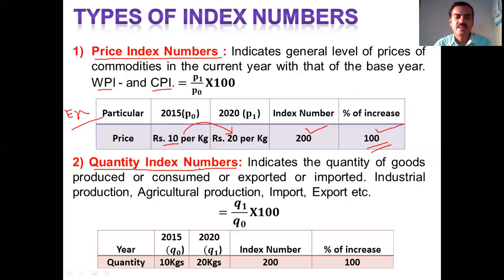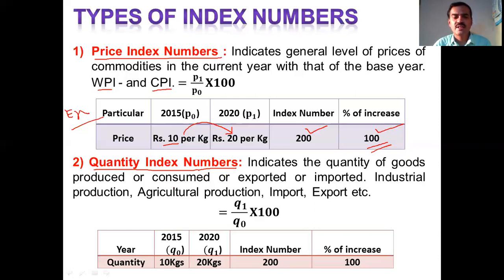It means the quantity index numbers are used to measure the level of the quantity of the goods produced, consumed, exported, or imported in the nation. So quantity index numbers are used for industrial production, agricultural production, imports, exports, etc. One important point I would like to highlight here is that index numbers are massively used in the field of economics and business.